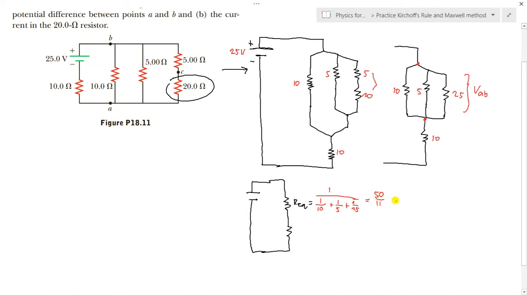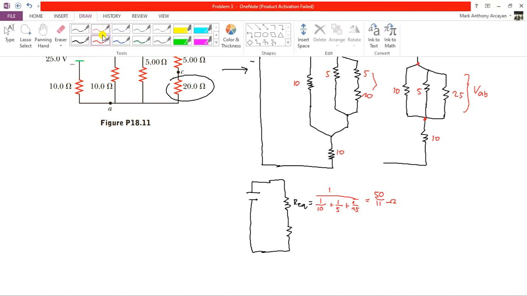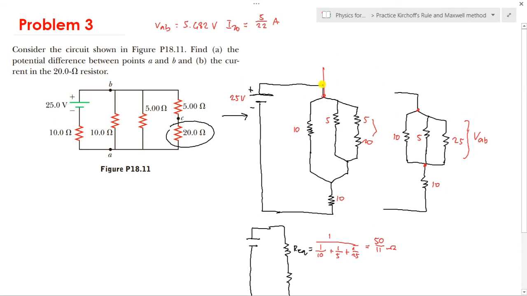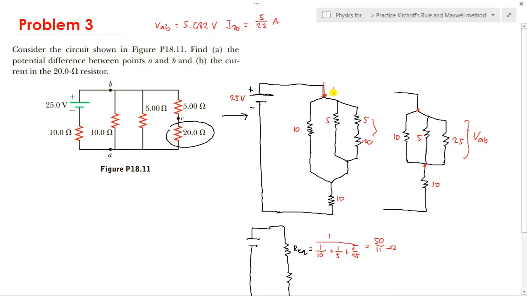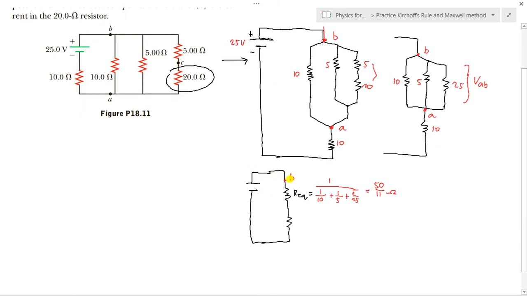50 over 11 ohms. This one is node B, this one is node A. When reduced, the voltage AB is just the voltage drop across this new equivalent resistance of 50 over 11 ohms.